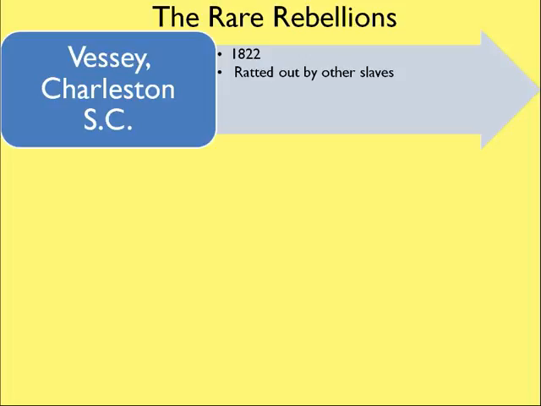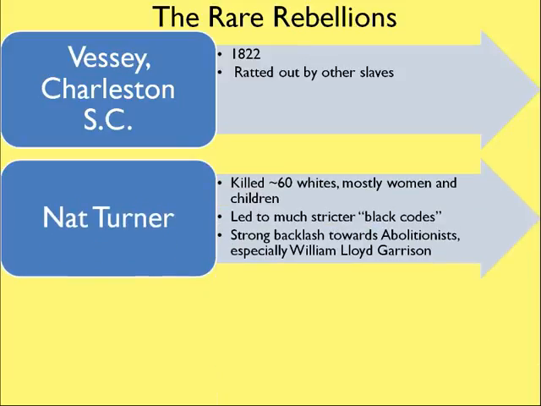Vesey, 1822, but they were ratted out by others, who, remember, it's a complex series of relationships. Some would hear rumors of an uprising and might warn their master for privilege, which is one reason why they were quite rare. Nat Turner, which is maybe the best one to know and to use as an example, got off to a bit of a start.